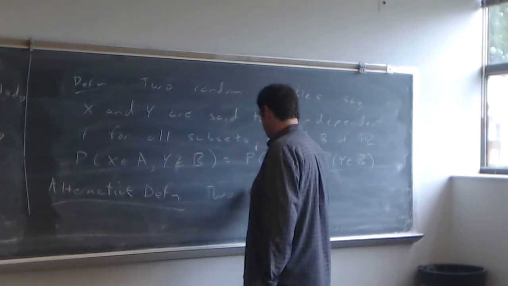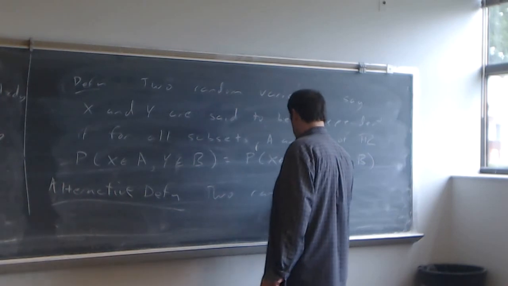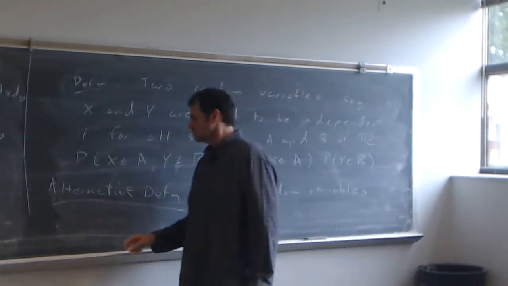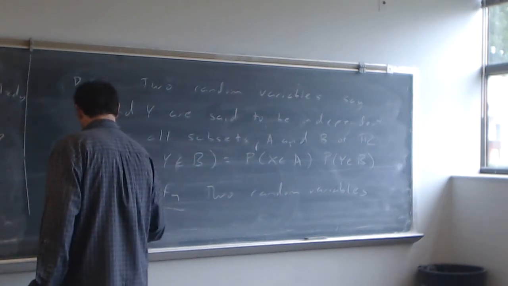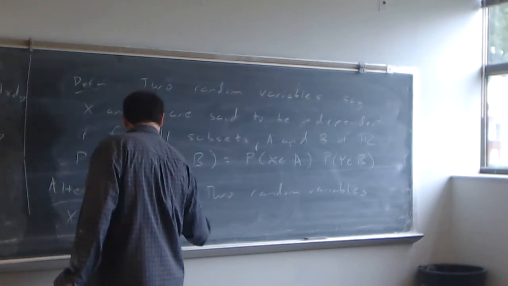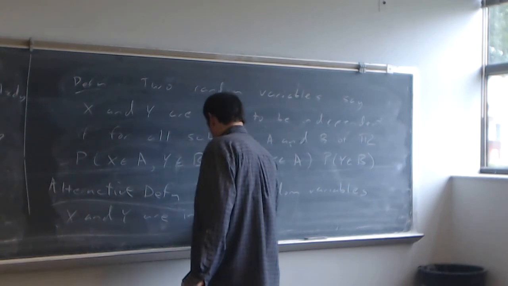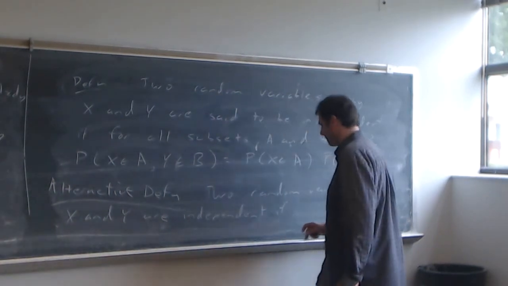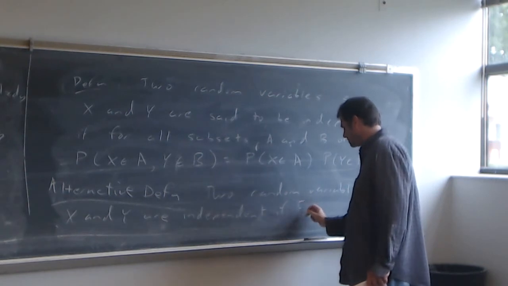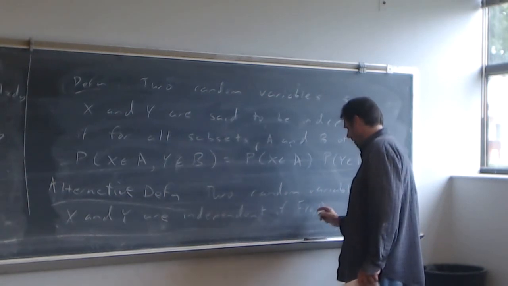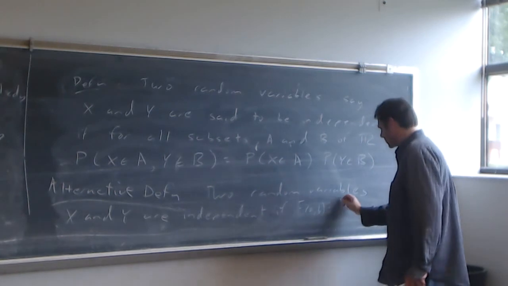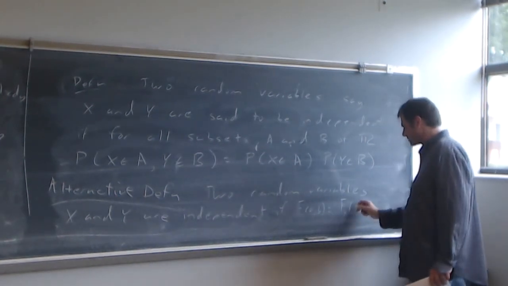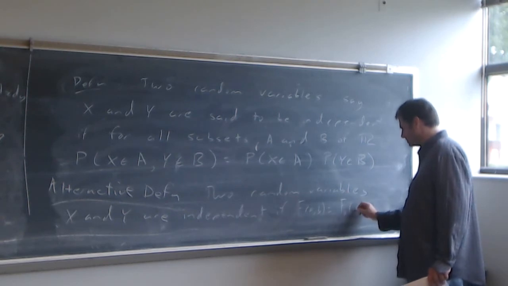Two random variables x and y are independent if their joint CDF is equal to the product of the individual CDFs.